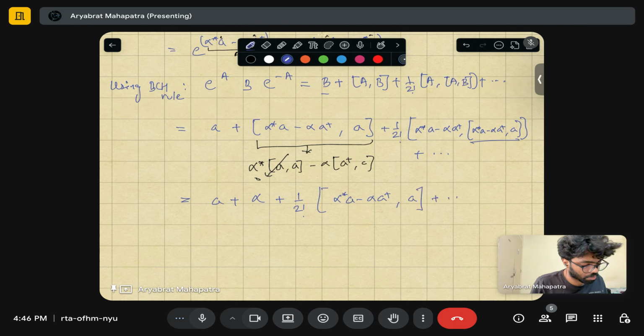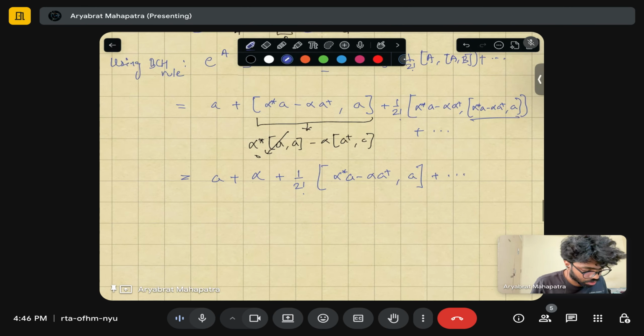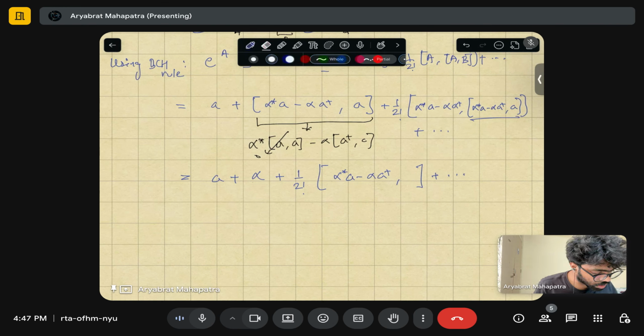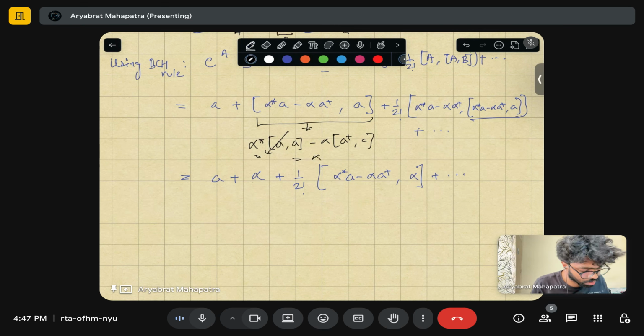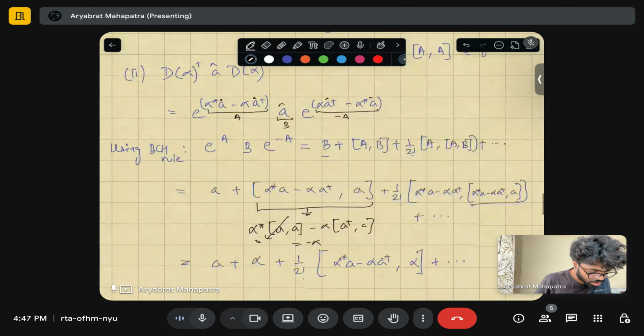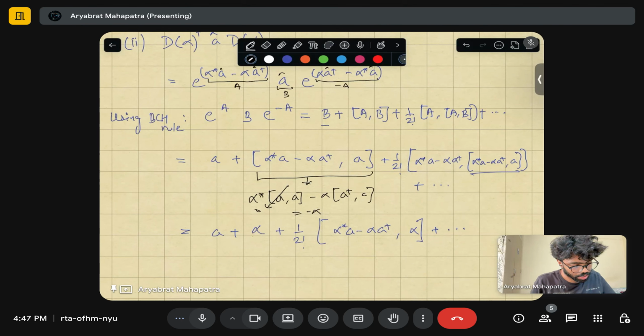So I can write it as A, which we found just now, and then similarly you have more terms here. Now you have to calculate this part. What does this give you? I was wrong here, this is alpha, because the first term is 0, and the second term gives you plus alpha, because the commutator is minus 1, and minus 1 times minus alpha is alpha, right?